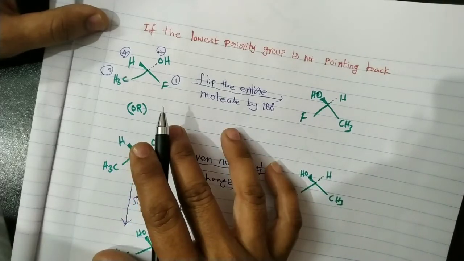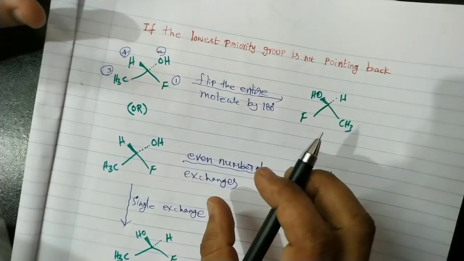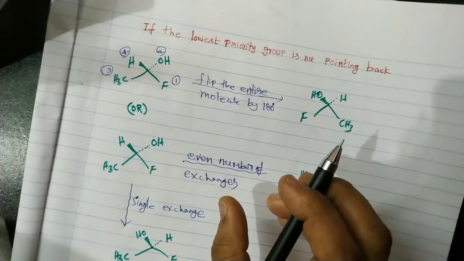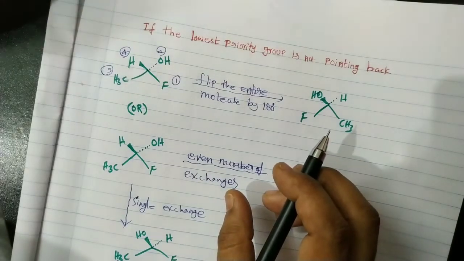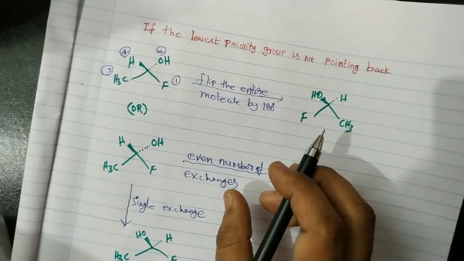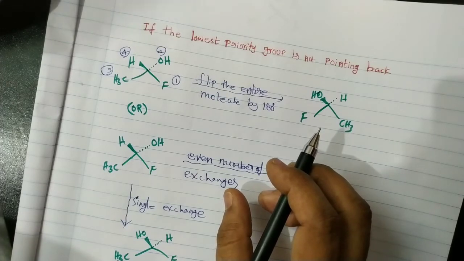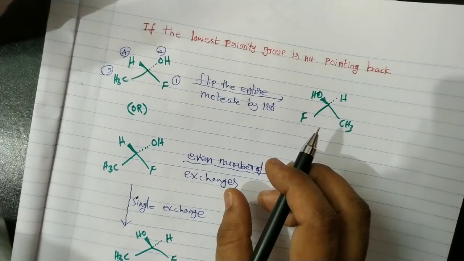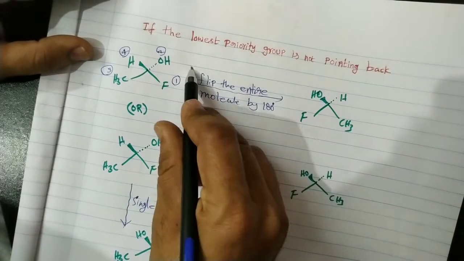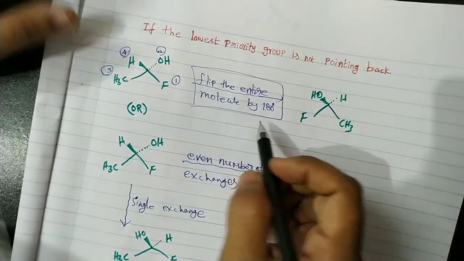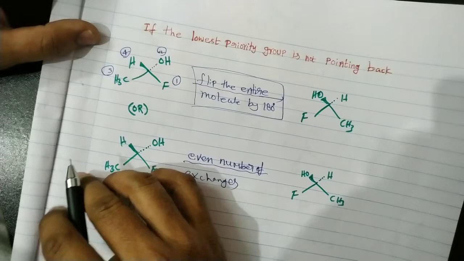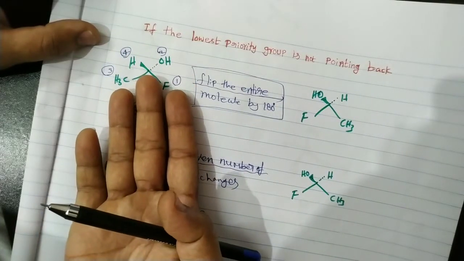So in this case, we must have the fourth priority group below the plane. To bring that least priority group below the plane, we should do one of two operations. Either flip the entire molecule by 180 degrees out of the plane. Here this molecule is rotated like this.